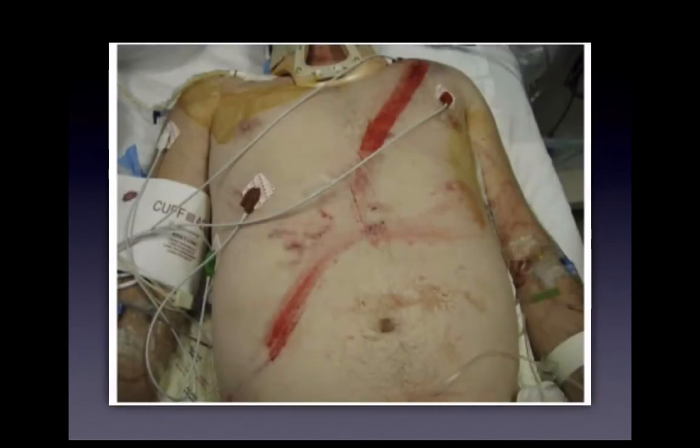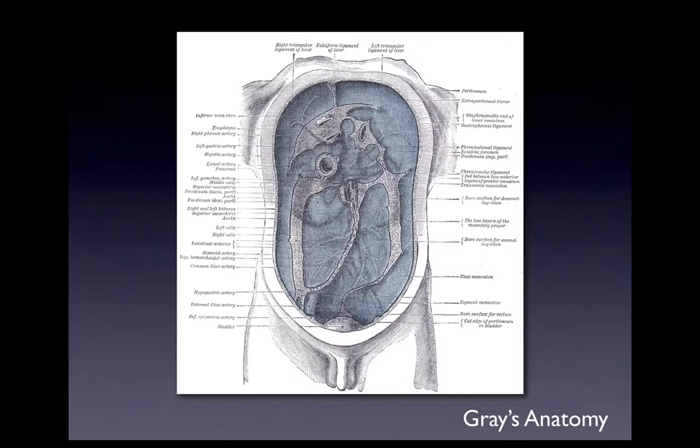Let's say you have a gentleman that rolls into the trauma bay looking like that. You can see that he has a seatbelt sign, so it's very concerning for injury. So the FAST exam will be looking at structures within the abdomen, but we're not looking at structures in the retroperitoneum, okay?